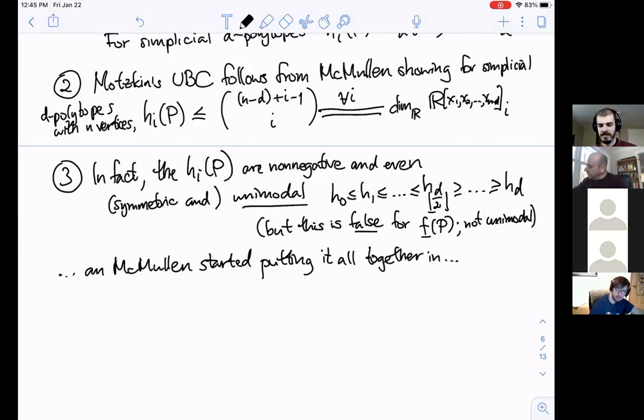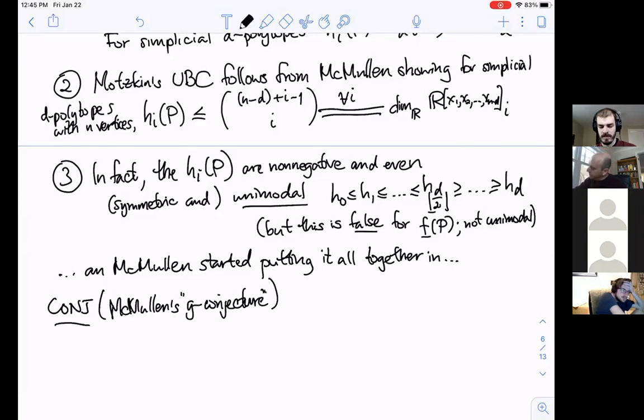Okay, so this was rather audacious. He said he thought he could completely characterize what the face numbers are of all simplicial polytopes in any dimension. This is called McMullen's G conjecture. I'll explain where the G comes from.